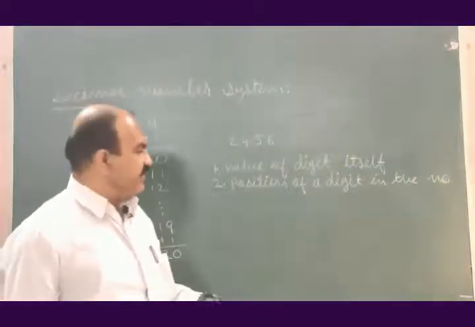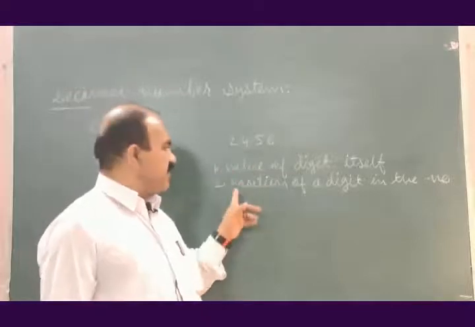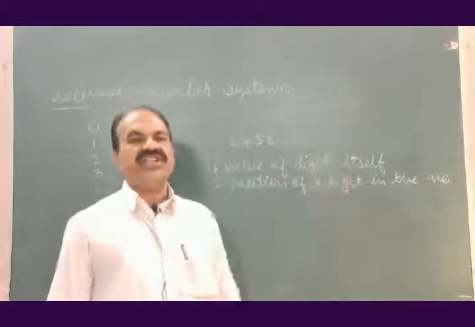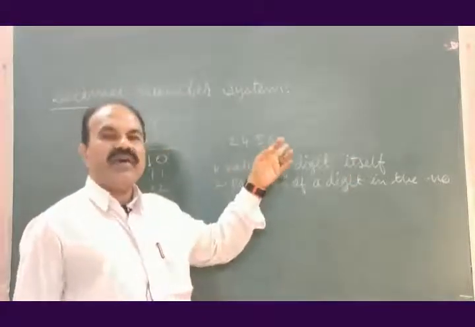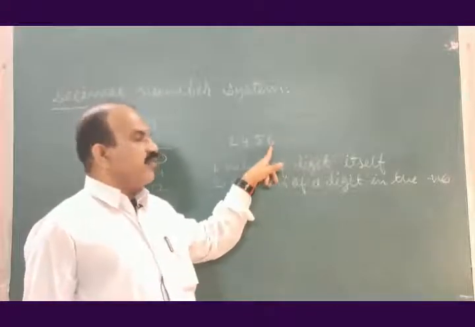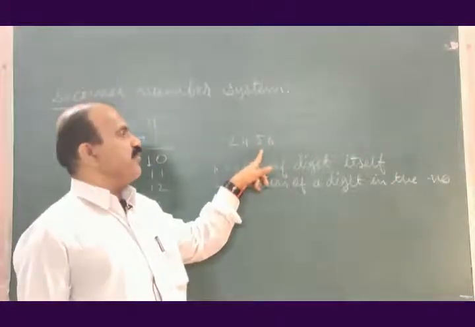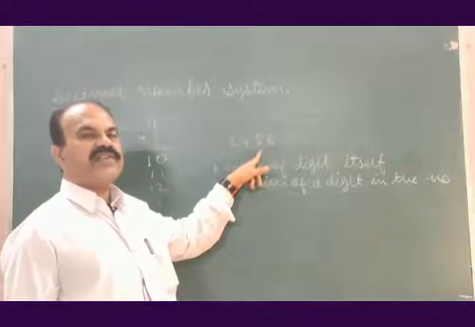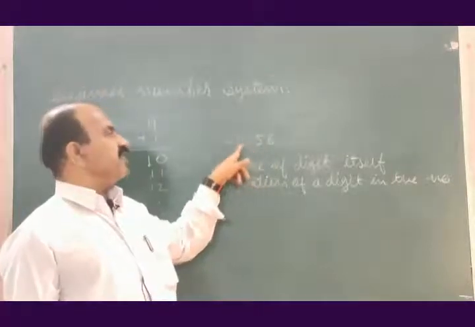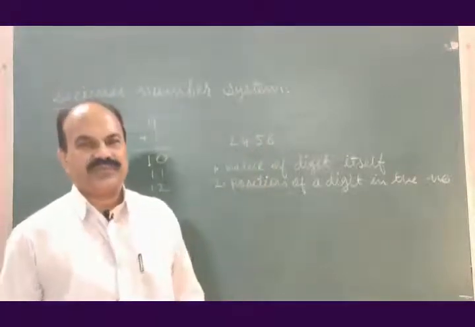Second criteria to decide value is position of a digit in the number written here. Position of 6 is different than position of 5. It is different than position of 4. It is different than position of 5.